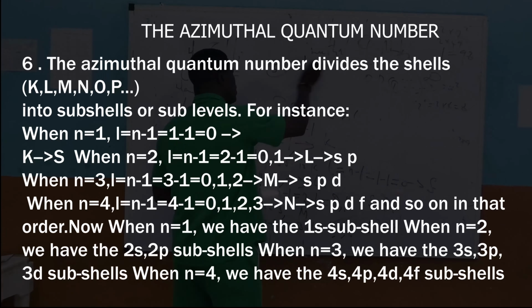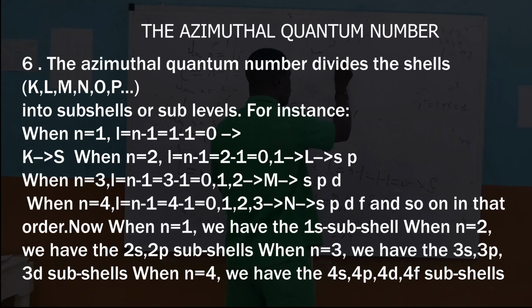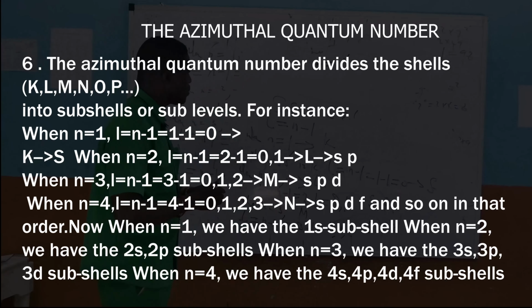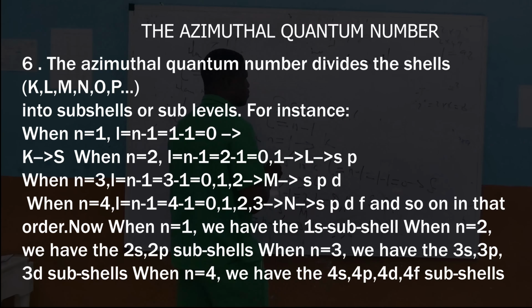Now what about a principal quantum number of n equals 4? For n equals 4, that corresponds with the N shell.